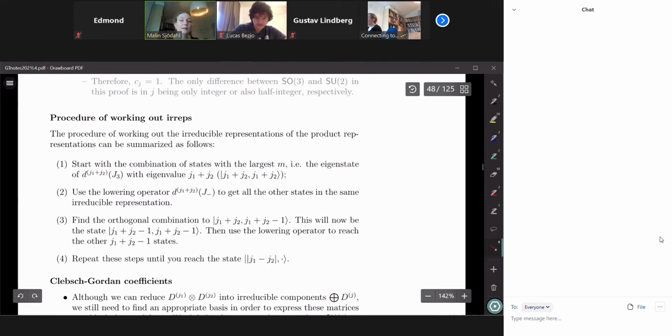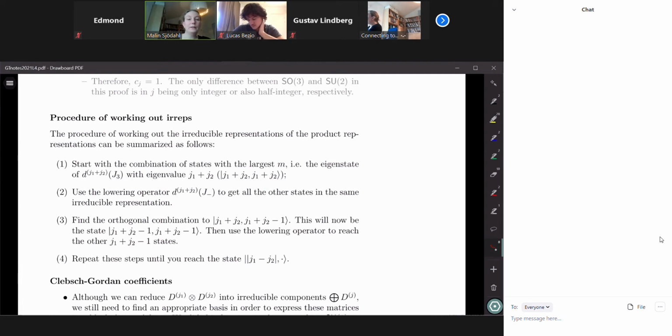There will only be one such state in that multiplet, because there is only one way in which we can obtain the total spin Z, that is by picking the maximal value from both this one and that one. So we will have one such state with this total spin and this eigenvalue of m.